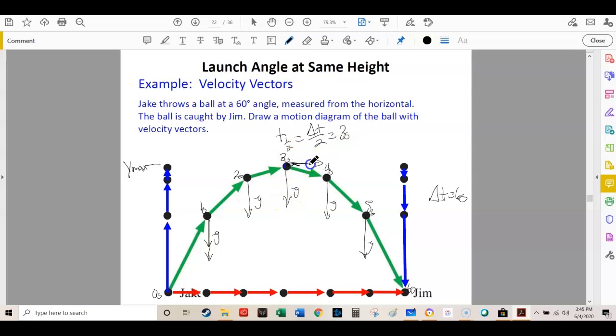Notice also at that 3 second mark, all of its velocity is just in the x direction. It has stopped moving in the y direction altogether. And then from the 3 to 4 second mark, it's going to be falling, speeding up from rest and falling to the ground.